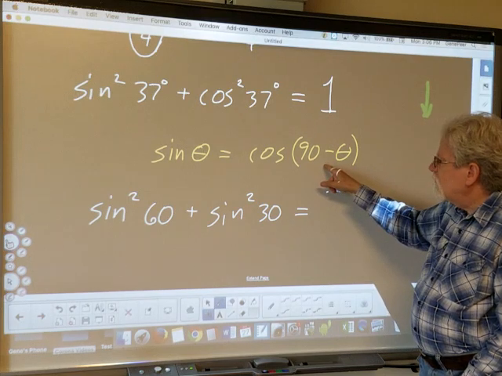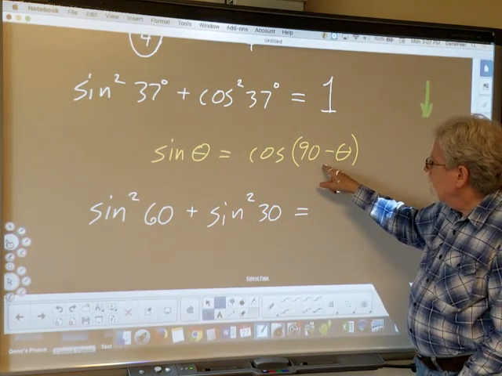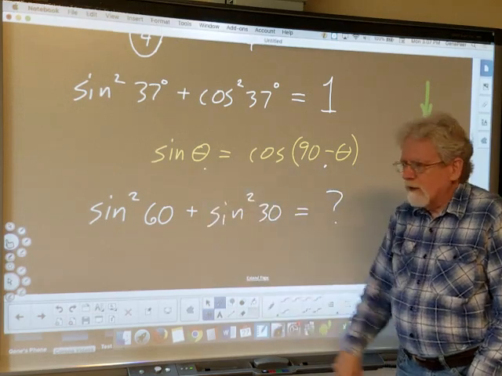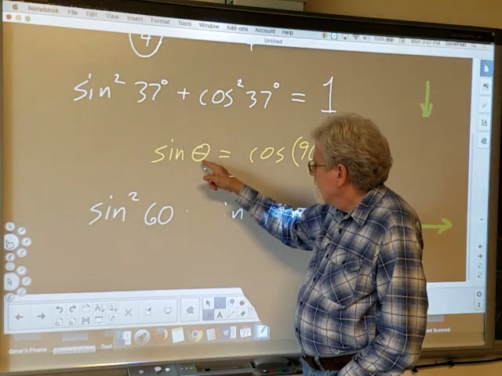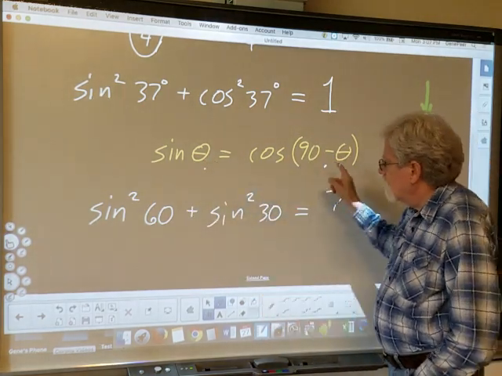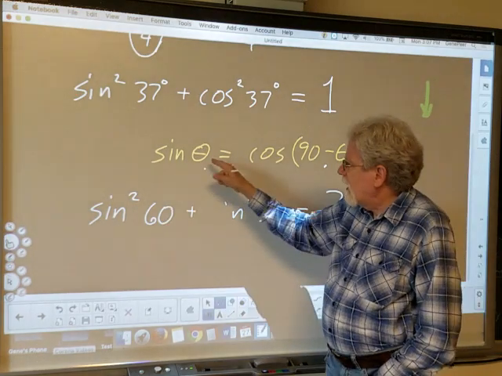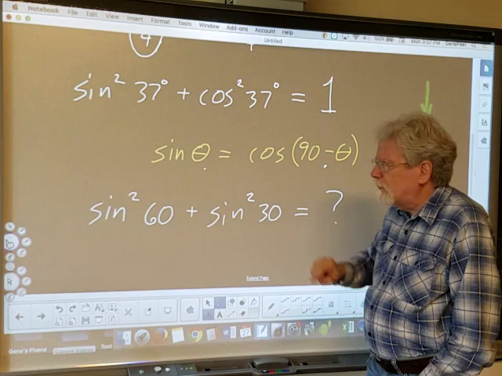Well, think about basic arithmetic here, or basic algebra. 90 minus theta and theta are complements. If this is, for instance, 30, then this would be 90 minus 30, this would be 60. 30 and 60, complements. The sine of an angle is equal to the cosine of its complement.